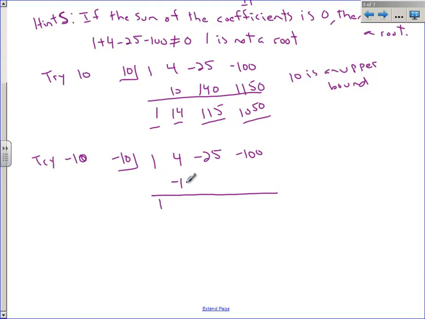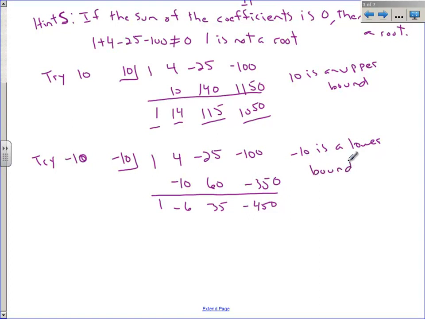Drop that down, negative 10, that's negative 6, 60, that's 35, negative 350, negative 450. Take a look at this. Positive, negative, positive, negative. If that happens, then you have found a lower bound. So that means don't try any number smaller than that.